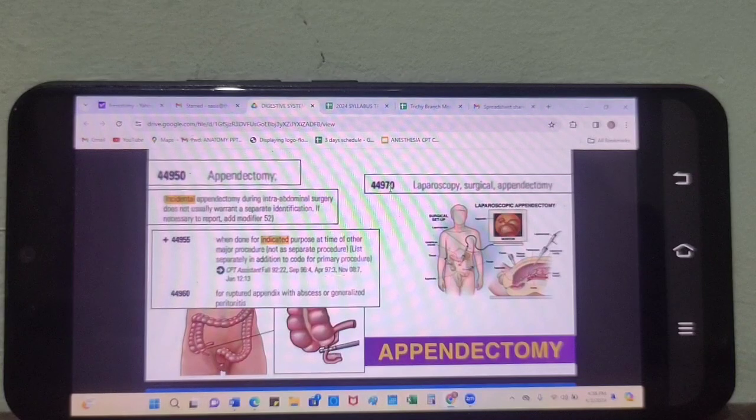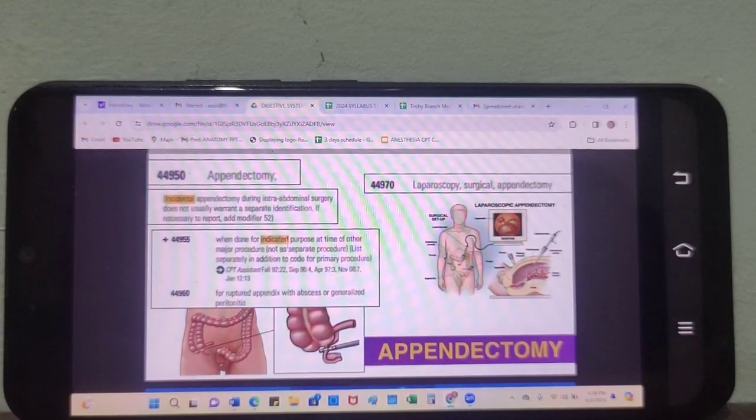For appendectomy alone, 44950. If it is a ruptured appendix, go for 44960.